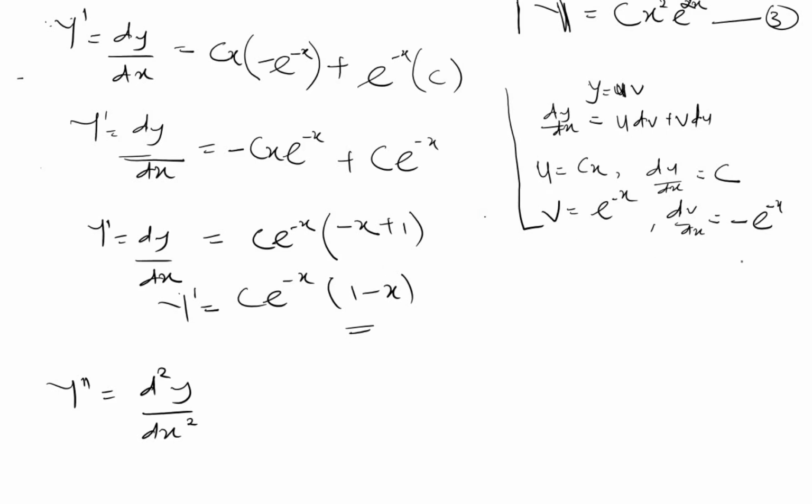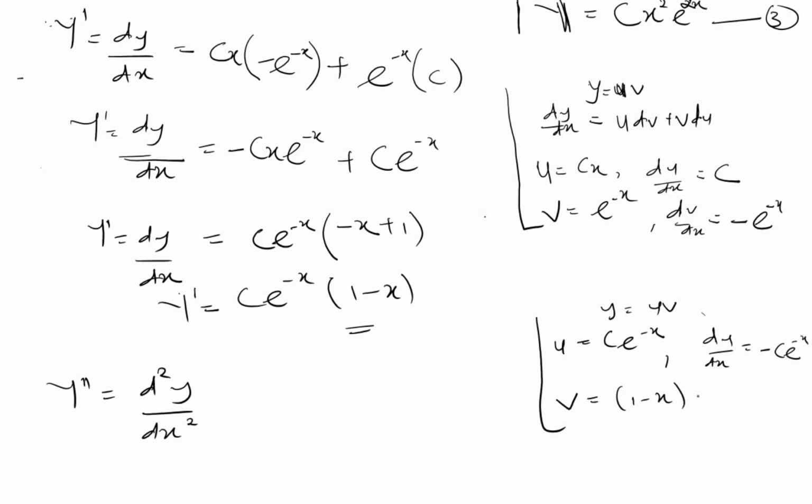So for this part, the same thing, y is equal to uv, then let u be c exponential of minus x, and then du by dx is going to be negative c exponential of negative x, and let v be 1 minus x. If I have 1 minus x as my v, what's going to be dv? Differentiating is going to be negative 1.